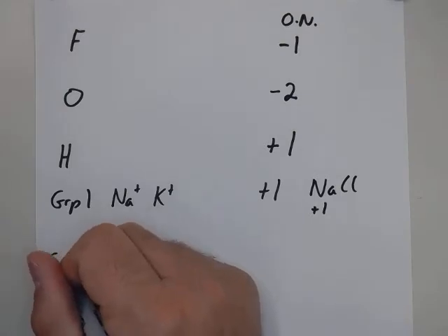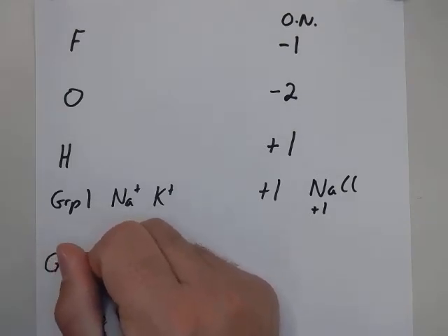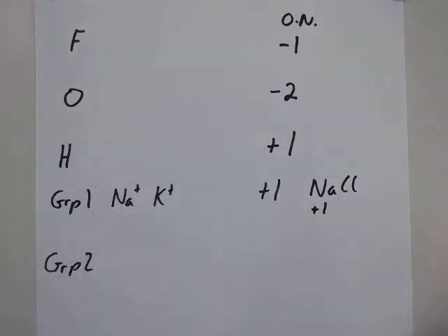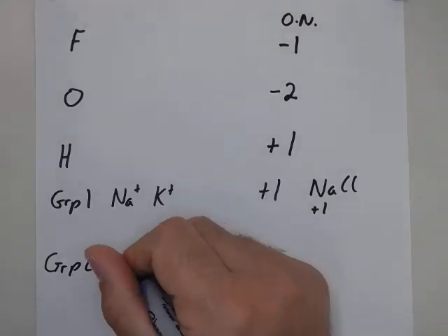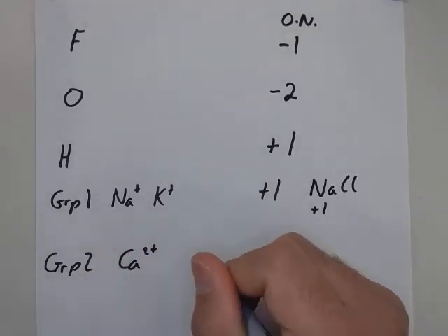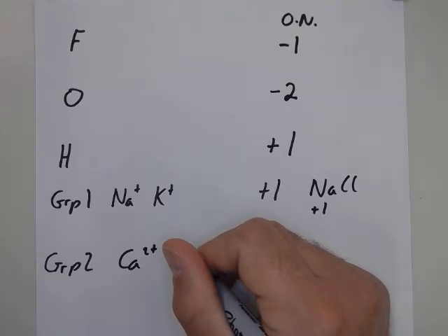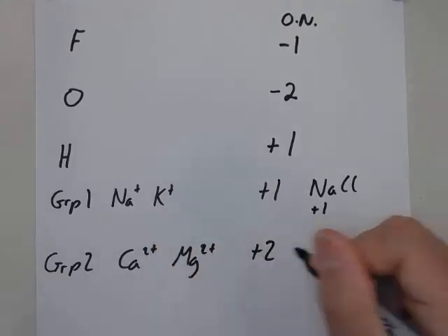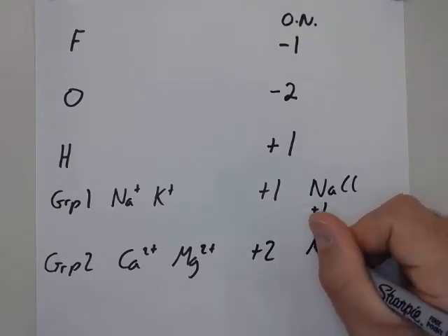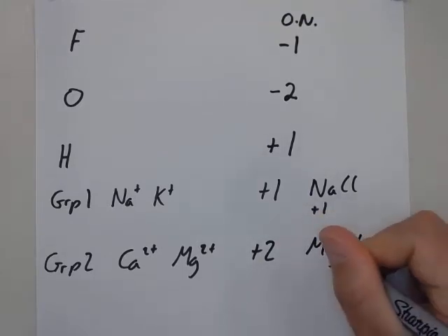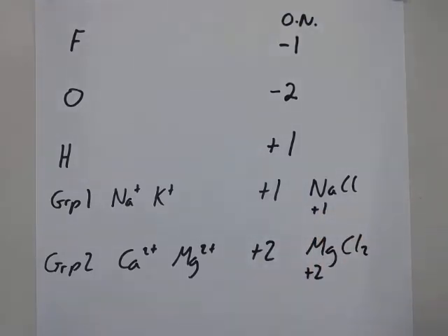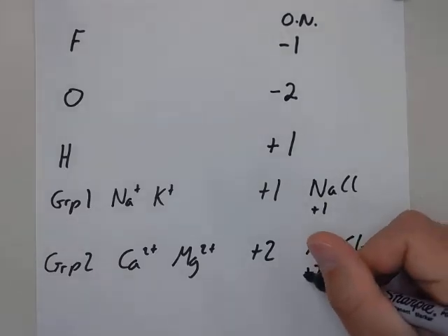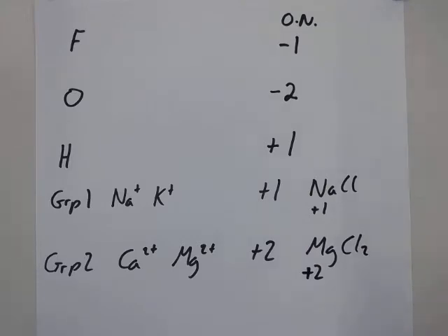If you take group 2, you have something like calcium, magnesium, they'll be +2. So in magnesium chloride, the magnesium has an oxidation number of +2. Its charge is also +2, but in this case the oxidation number is +2.